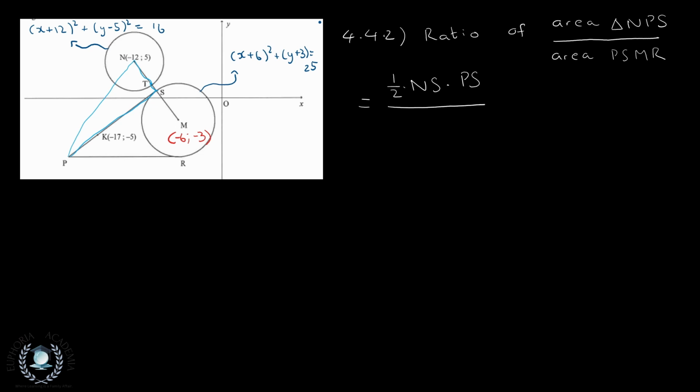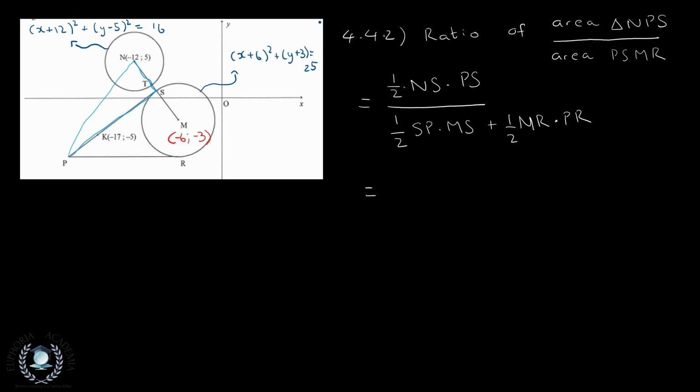Alright, now for the quadrilateral, what's the equation of our quadrilateral? Well, it's half the product of the two adjacent sides. So let us start with SP multiplied by MS, plus half of the other adjacent side product, MR multiplied by PR.